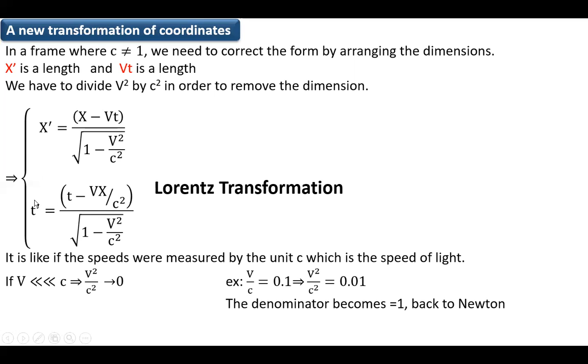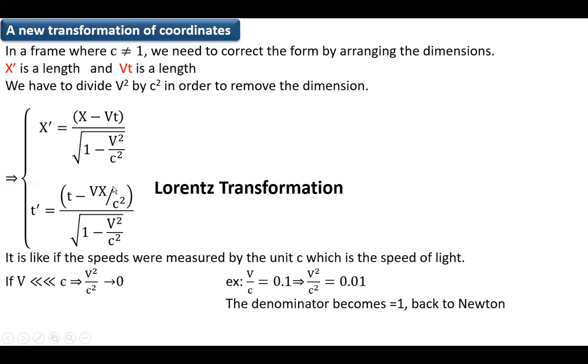When you go to the time, from this side you have t prime, which is a time. So the second side of the equation should also be a time. You have no problem with the denominator, which has no dimensions. You have 1 minus v squared over c squared. It has no dimension. t has a dimension of time. We have v times x. If you divide v times x by the square of a velocity, all the lengths will be simplified.